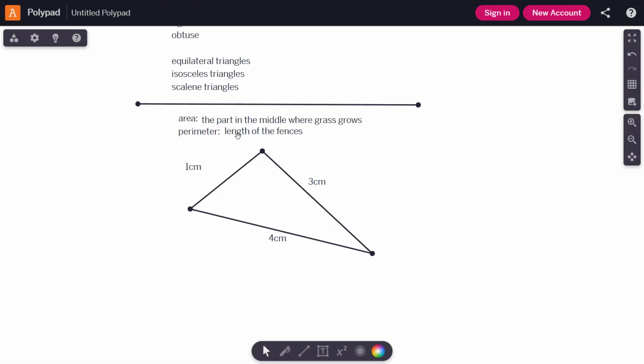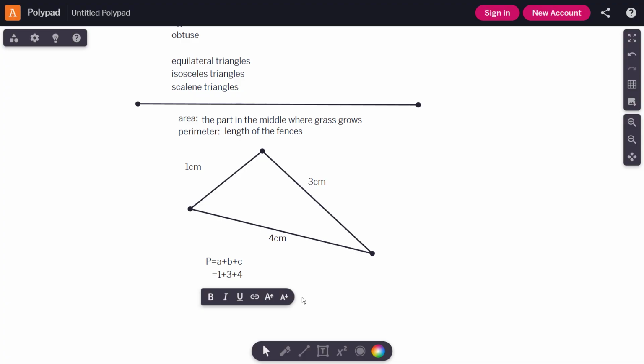We're gonna calculate the perimeter. For perimeter, we use P to represent it. Perimeter is all three sides added together. We can call these sides A, B, and C. Perimeter is A plus B plus C, which equals 1 plus 3 plus 4.